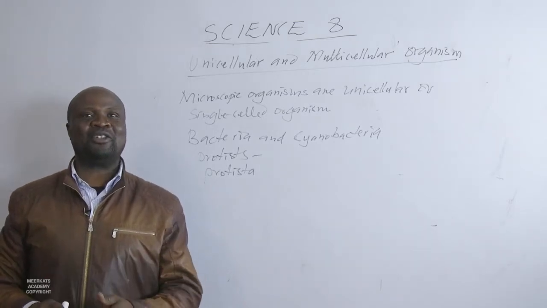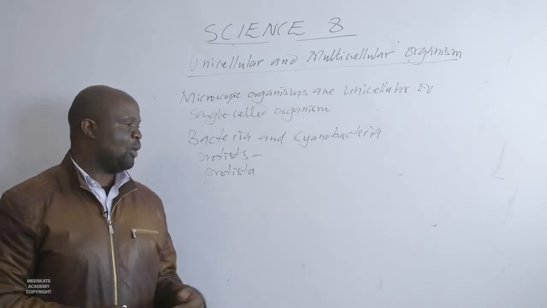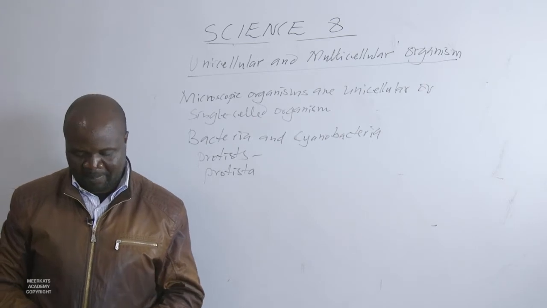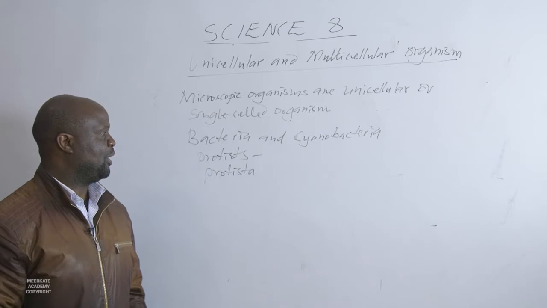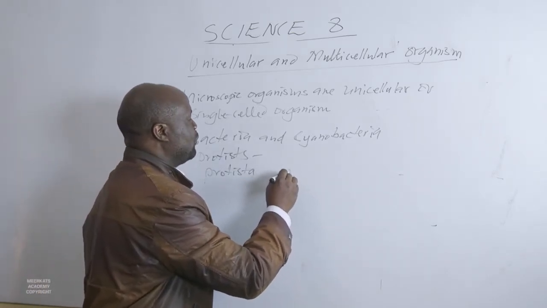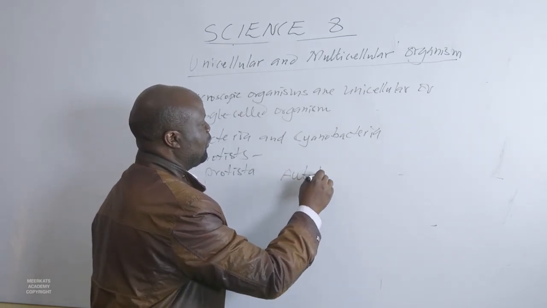They have a cellulose cell wall and they can make their own food. We are also saying organisms that make their own food are described as autotrophic.